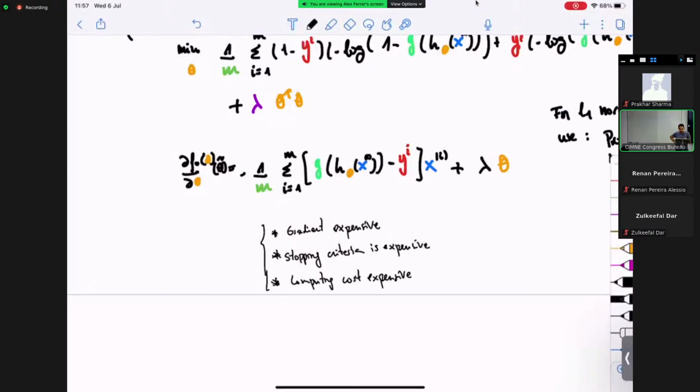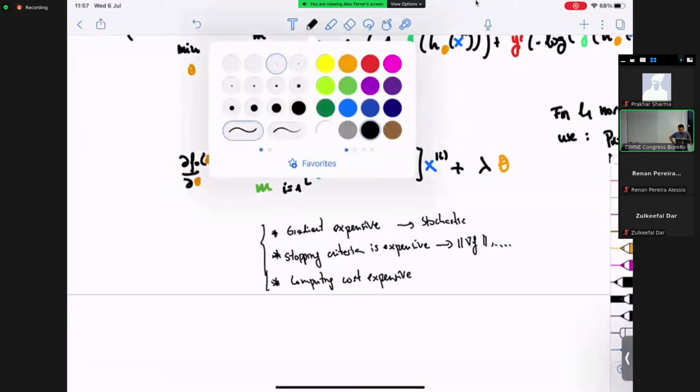So what do we do? Instead of doing gradient methods, we do stochastic. Instead of using the stopping criteria of the gradient of F, what do we do? We have to take a stopping criteria that is not expensive.